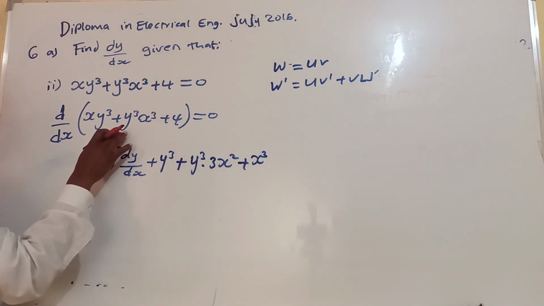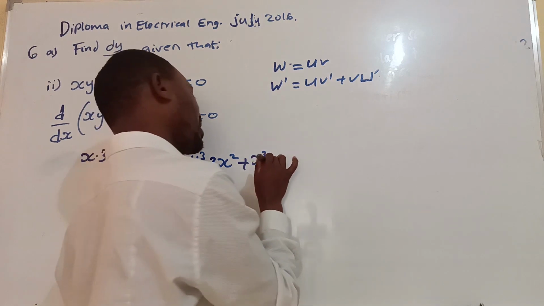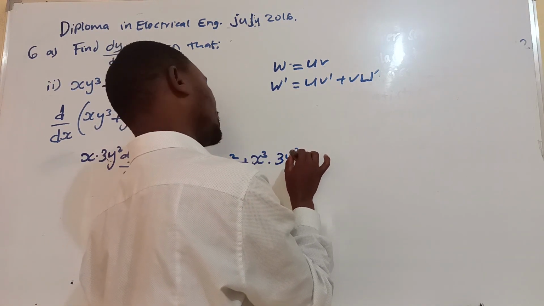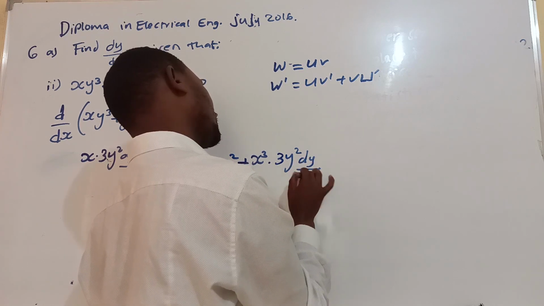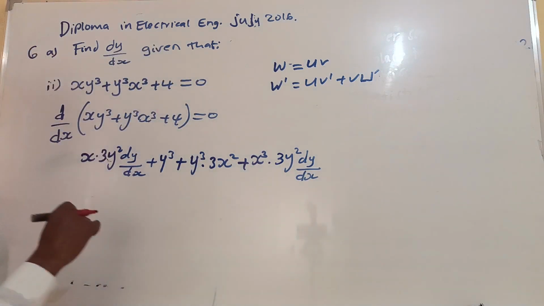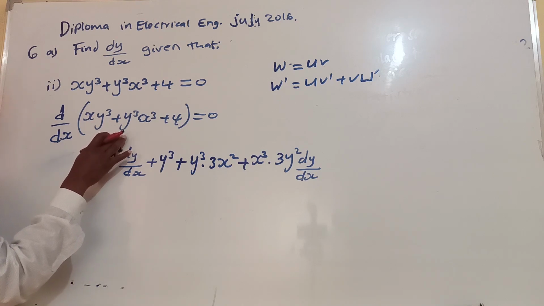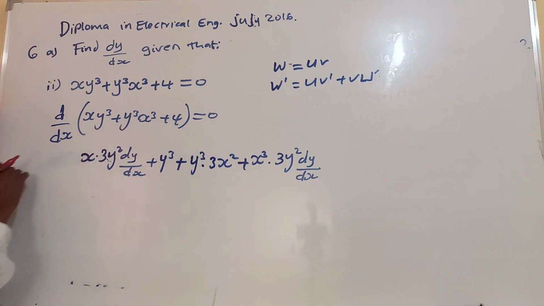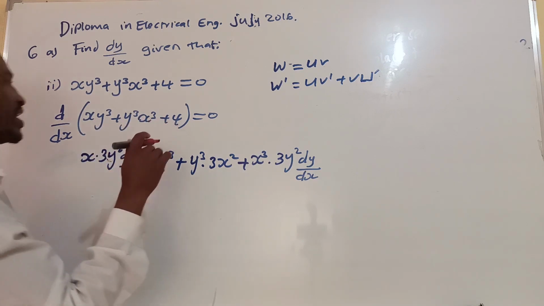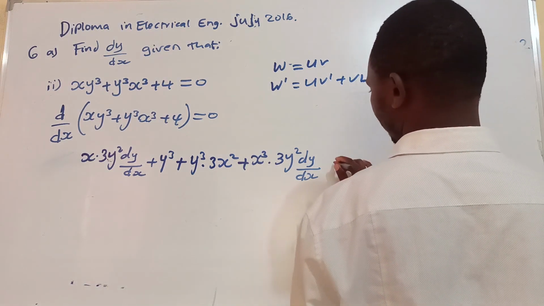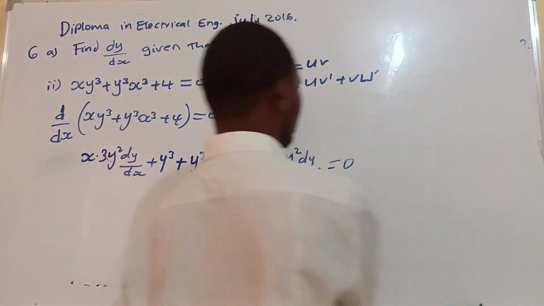Differentiate our u. If we differentiate y cubed, it will be 3y squared dy dx. So we are done with this one. Now, if we differentiate the constant 4, you get 0. So now we are done.